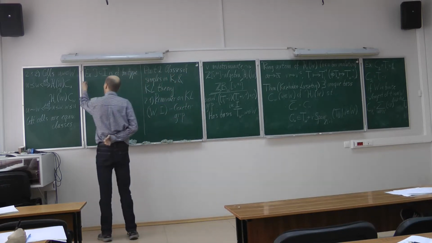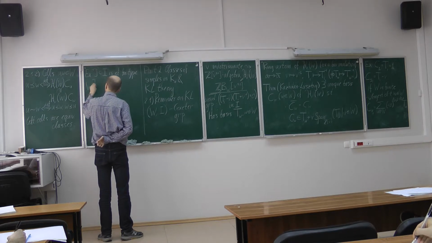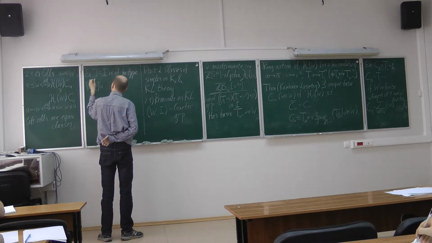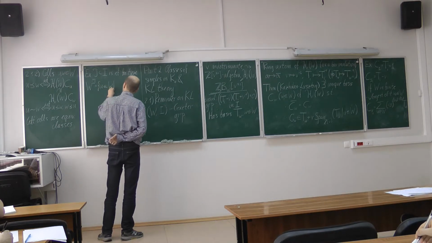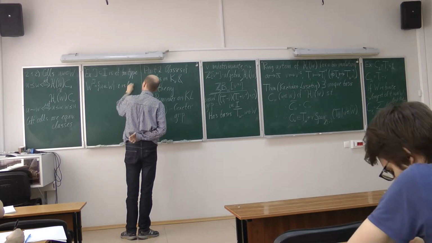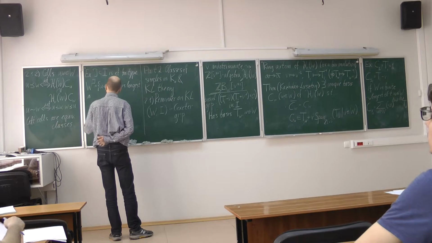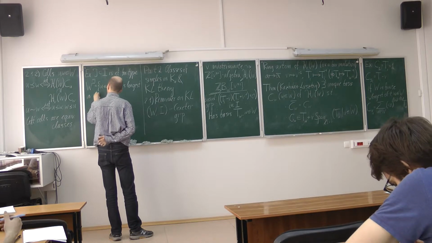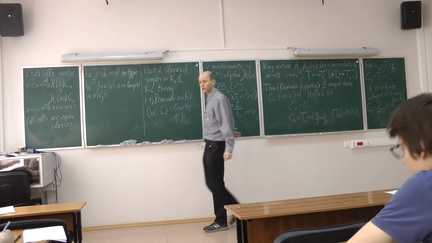Then I'm going to define a subset W superscript J. This consists of all U in W such that U is longest in its left W sub J coset. So W sub J is the corresponding parabolic.